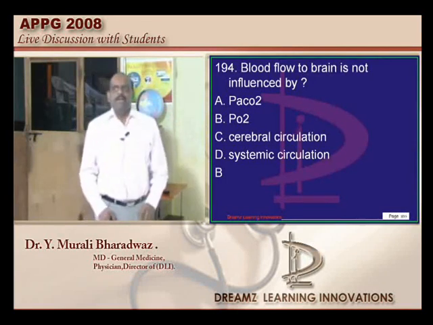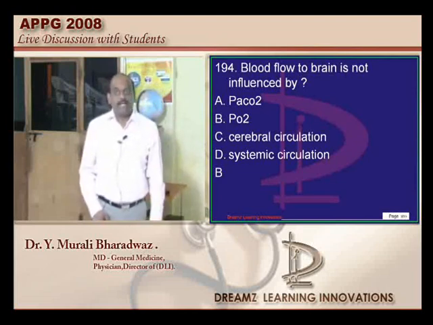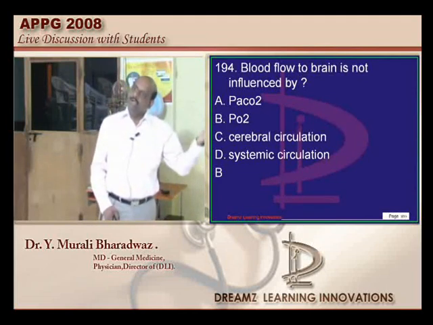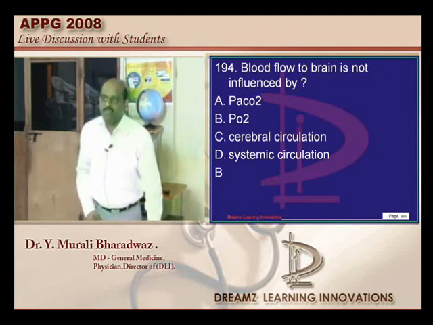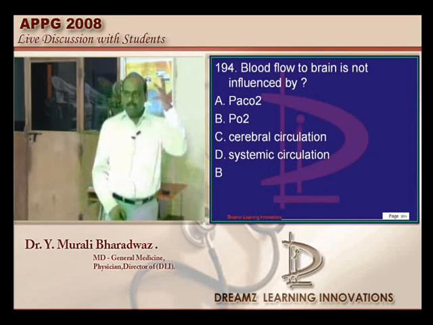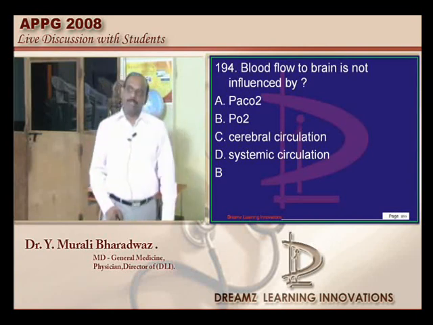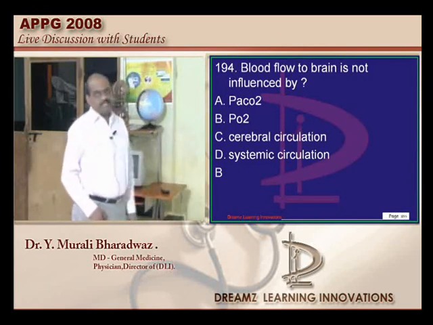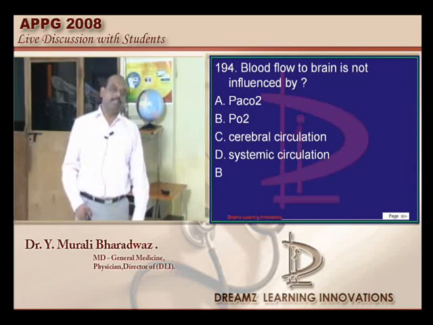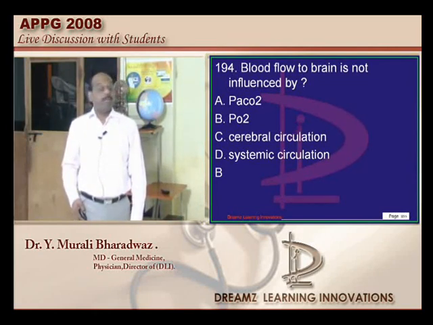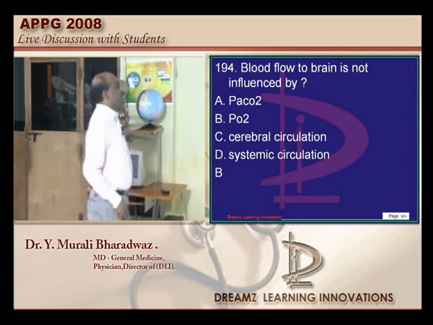That is why very severe hypertensive individuals can go into hypertensive bleed, and a hypotensive individual can go into cerebral ischemia, shock and comatose state. But oxygen directly is incapable of influencing the cerebral circulation, which needs to be remembered.